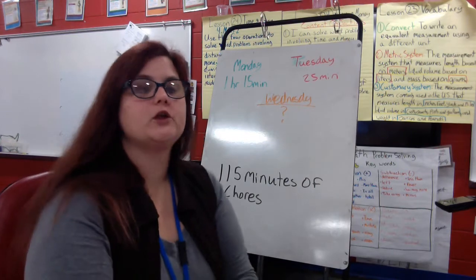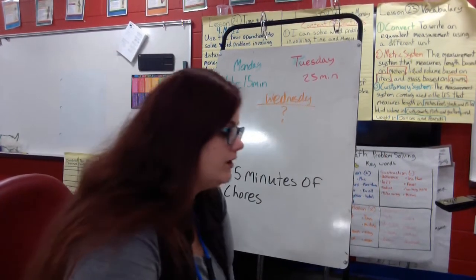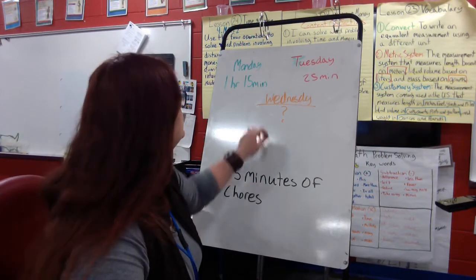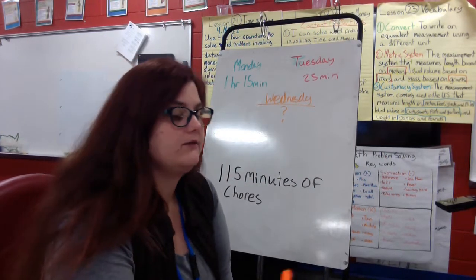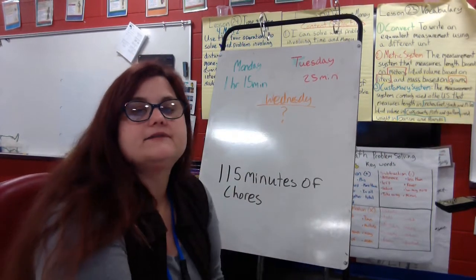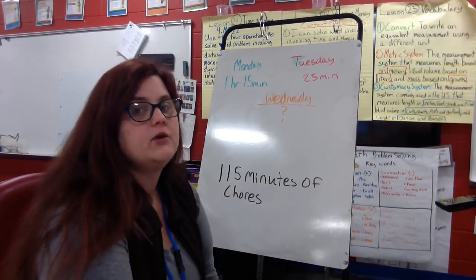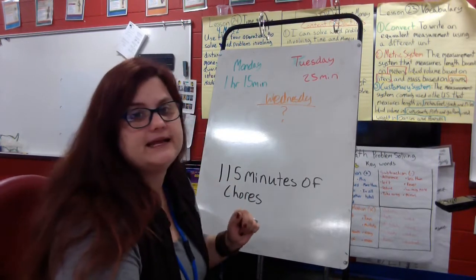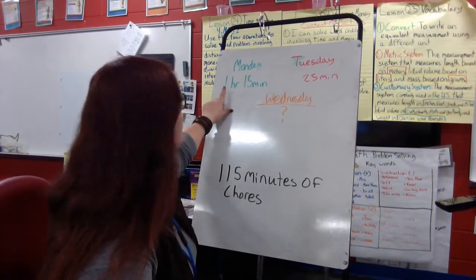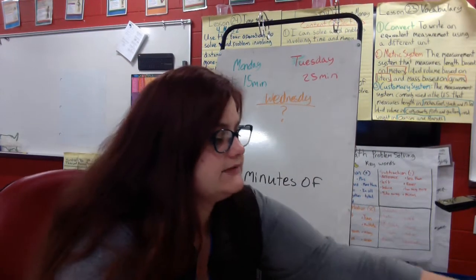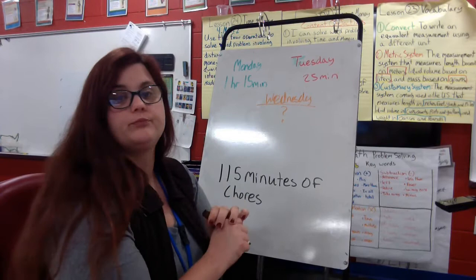Okay. So we want to know how many minutes out of this 115 did she do on Wednesday? Well, our first step is to make all of our units of time the same. We have 15 minutes, 25 minutes, 115 minutes. We have one outlier, one oddball, this hour over here. We need to change him into minutes. What would be my first step?